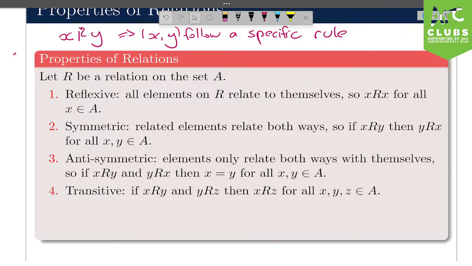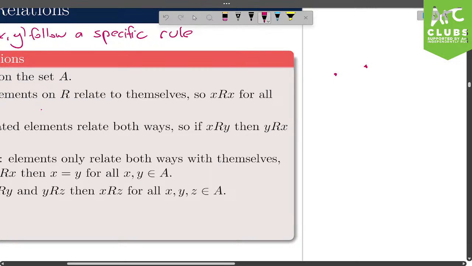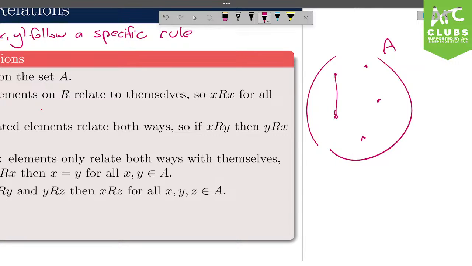If you view it like a directed graph, here's your set A, and then you have your arrows, which means that if you have some x and y and an arrow, x relates to y. What symmetric means is that all of these arrows will be double-sided, pointing both ways.